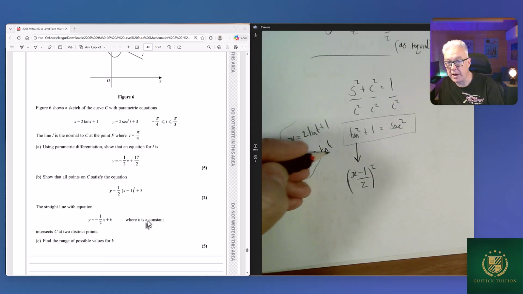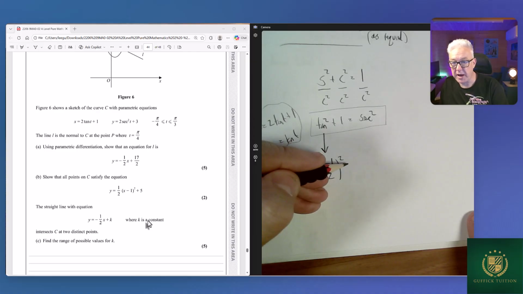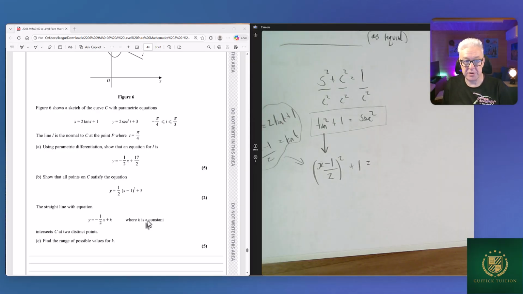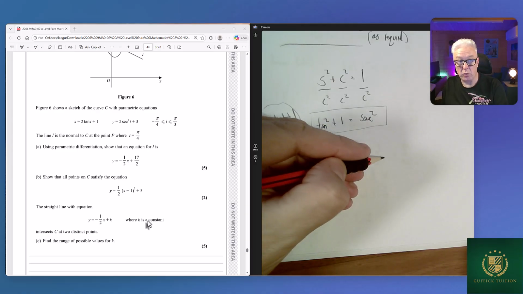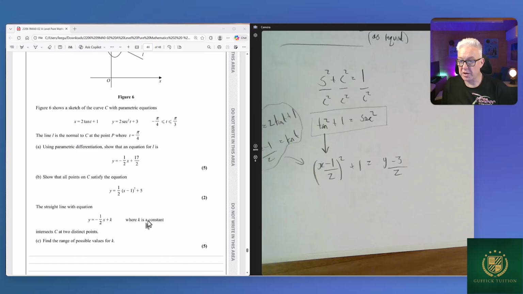So I've just rearranged the x parametric to get that identity there. So we've got that one, add 1 is equal to sec squared. Now sec squared from the parametric equation is just going to be (y minus 3) all divided by 2. Just rearranging to make sec squared the subject there.